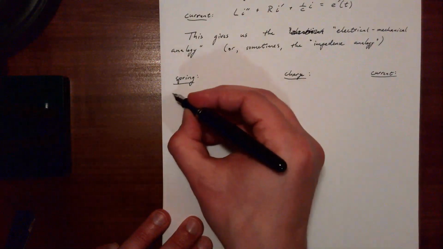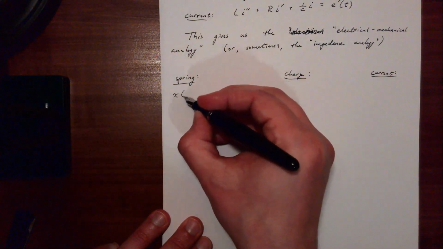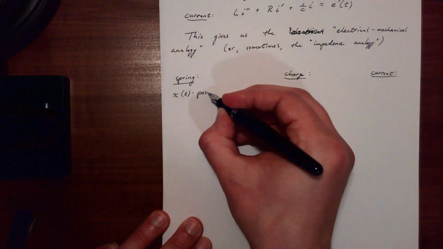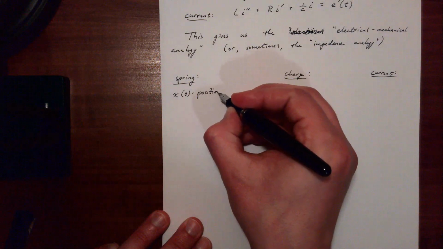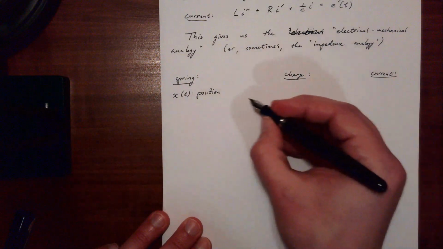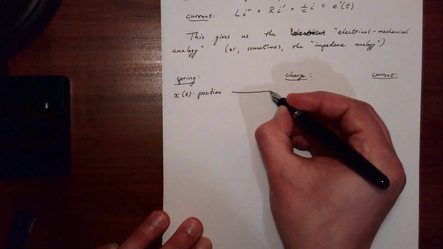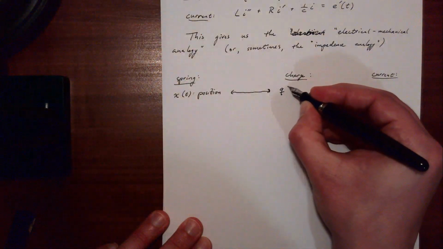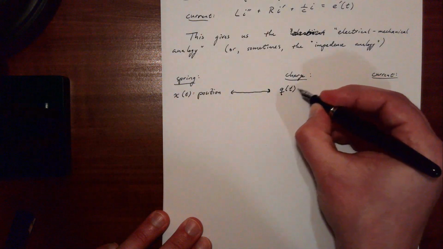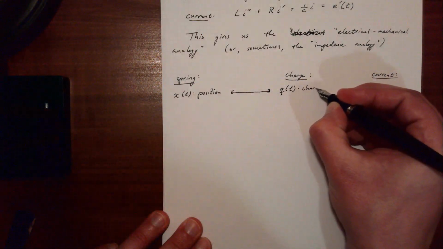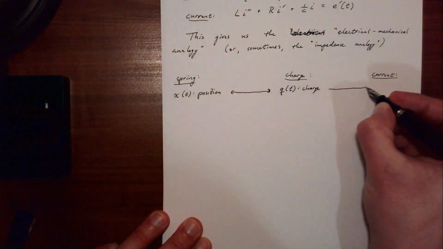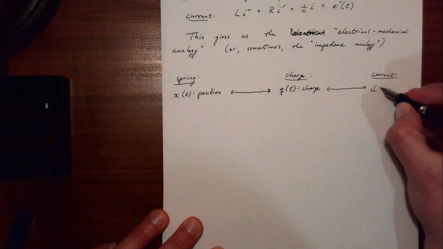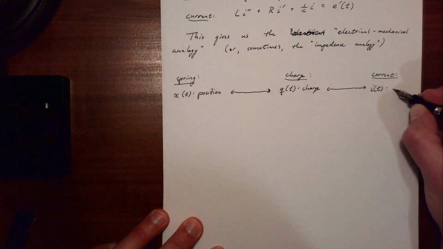All right, so x of t, which is position, which is the thing that we're primarily measuring, corresponds in the charge equation with the thing that we're primarily measuring, which is the charge, hence the name. So Q of t, the charge. And then in the current, that represents I of t, which is the current.